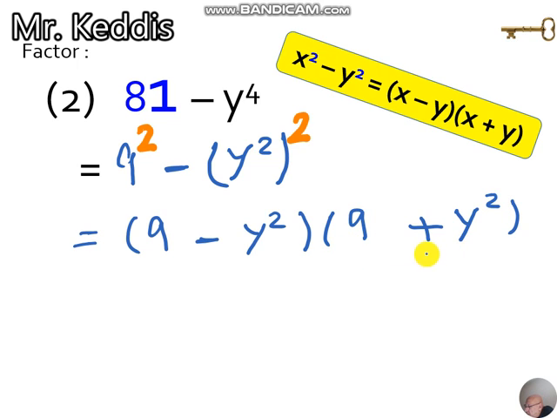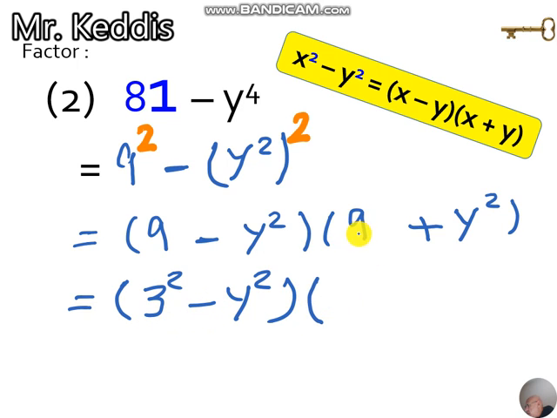You cannot factor this further, but you can factor the first, because 9 is 3 squared. 9 is 3 squared minus y squared, and this became the difference between two squares. I factor this to 3 minus y and 3 plus y. And 9 plus y squared.